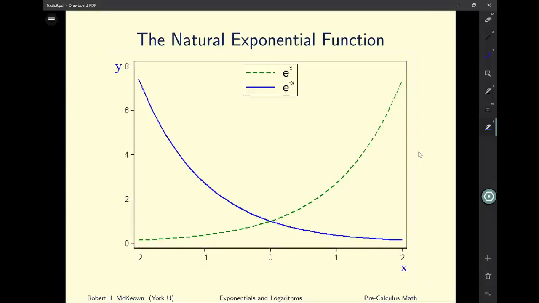Looking at the natural exponential function on a graph, you can see that if x is equal to 0, both of them are equal to 1. We've got e to the power of x and e to the power of negative x, and they're mirror images of each other around the y-axis.